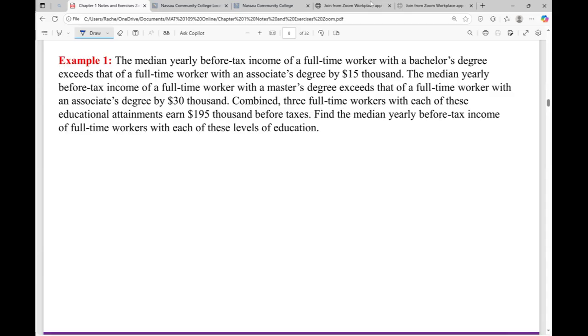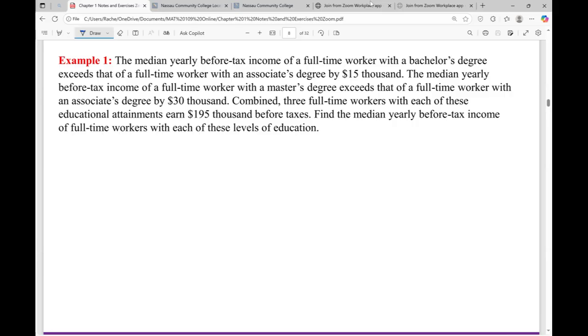Combined, 3 full-time workers with each one of these degrees or educational attainments earns 195,000 before taxes. So you want to find the median yearly before tax income of full-time workers with each of these levels of education. So in other words, you want to find the before tax income of a person with an associate degree, of a person with a bachelor's degree, and of a person with a master's degree.